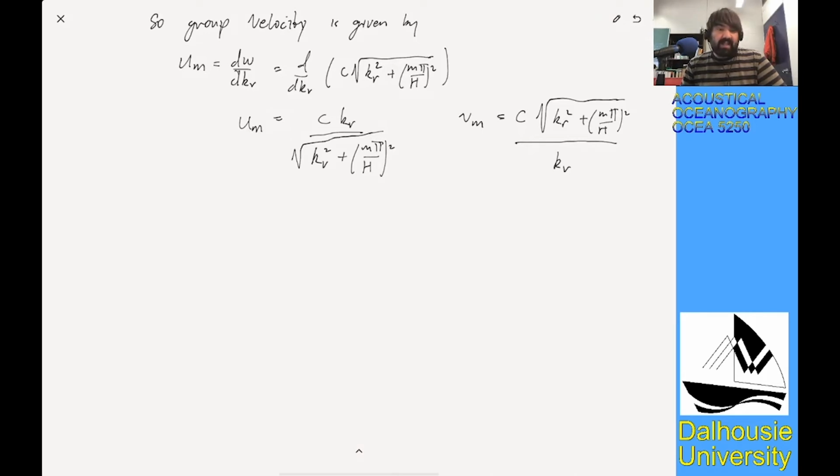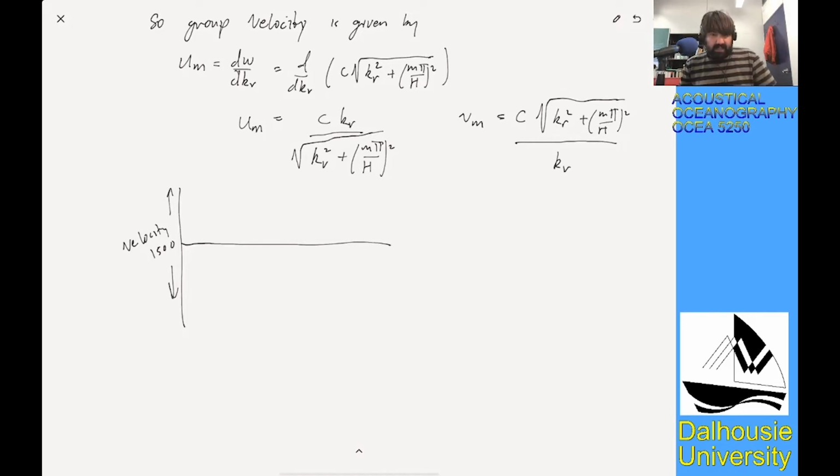The group velocity is the slope of the dispersion relationship, right? You've probably seen this in terms of surface waves in PO before. So that implores us, let's plot these things as velocity. This is going to be 0, increasing velocity. Sorry, not 0, 1500.